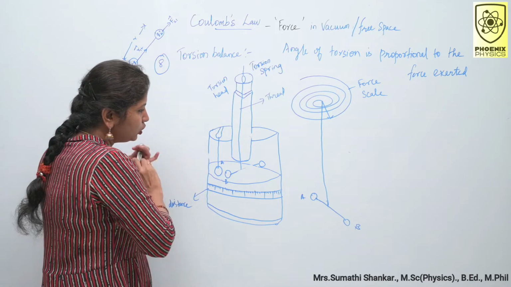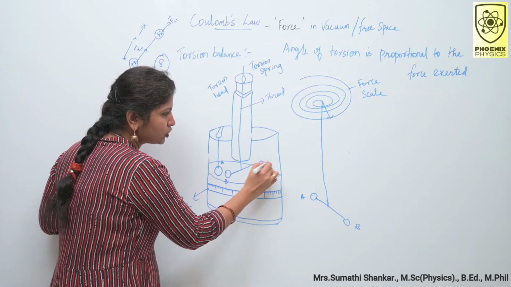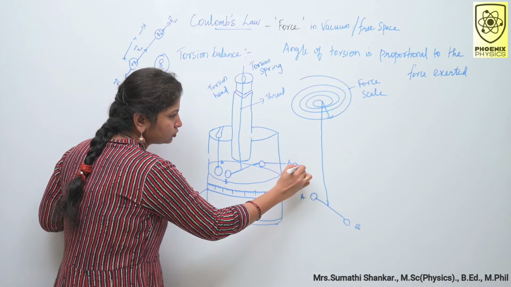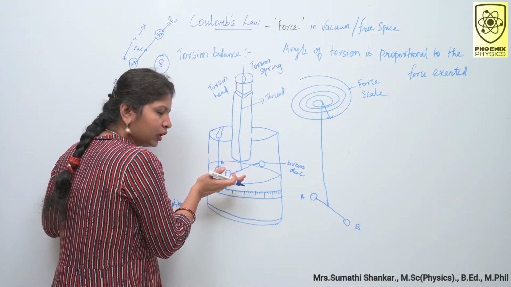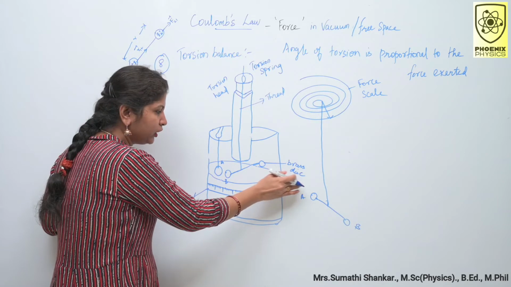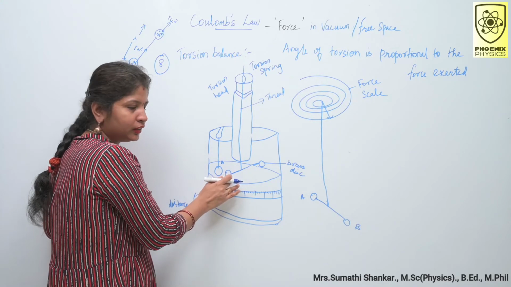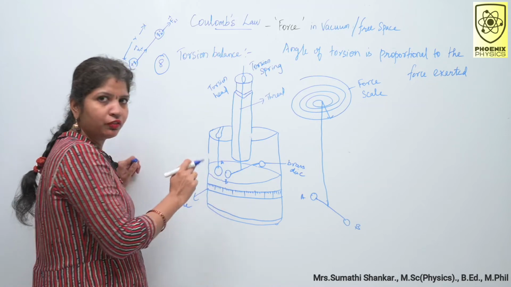Here I have one sphere, that is sphere B, and this is called the brass disc. This is for balancing purposes. To keep this needle in a horizontal position, I have a brass disc at one end and one sphere at the other end. So this sphere is called B, and this sphere A is a fixed one.